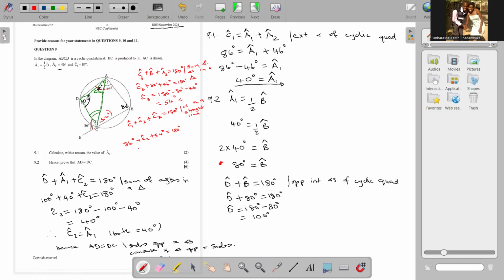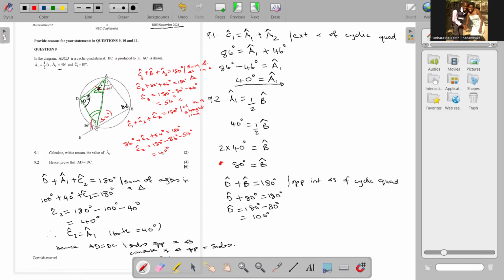Then we can say, therefore, our C2 is equal to 180 degrees minus 86 degrees minus 54 degrees, which is going to give us 40 degrees.